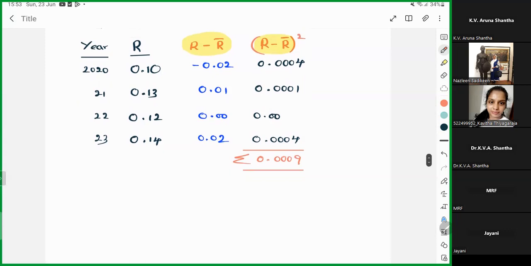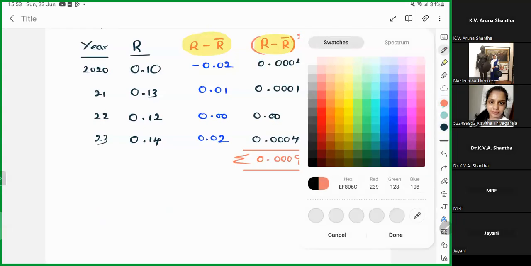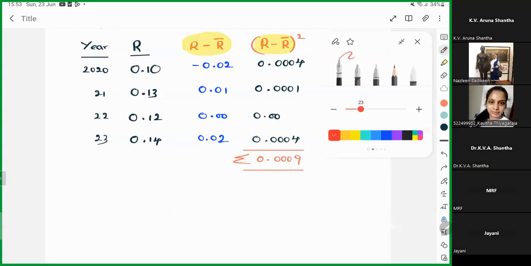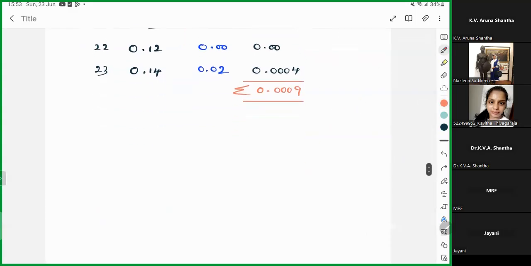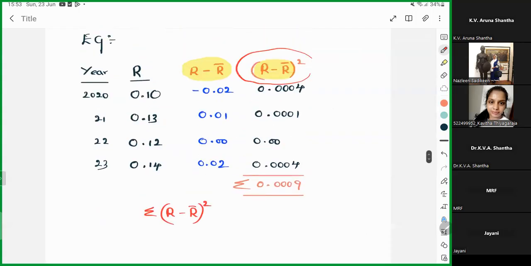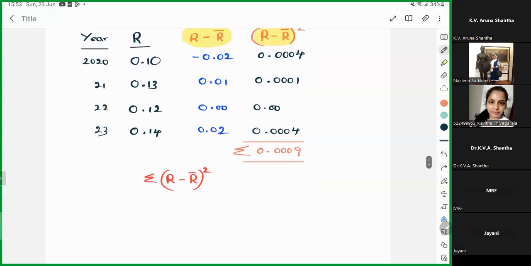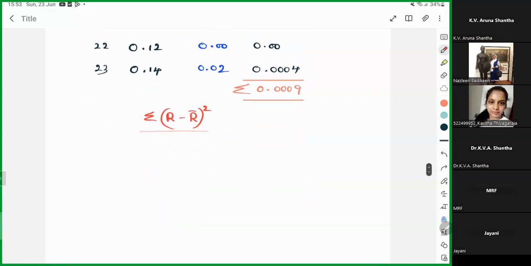Right. So variance is, you take the total of squared deviations, sigma (R minus R bar) squared, divided by n minus 1.